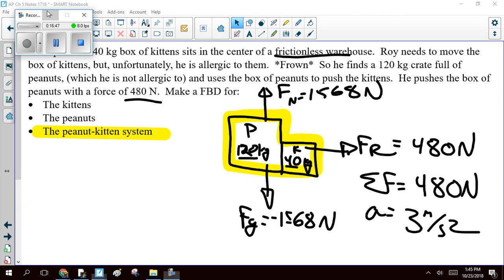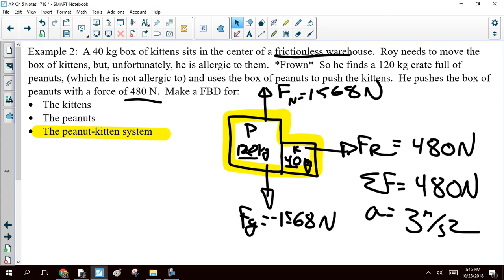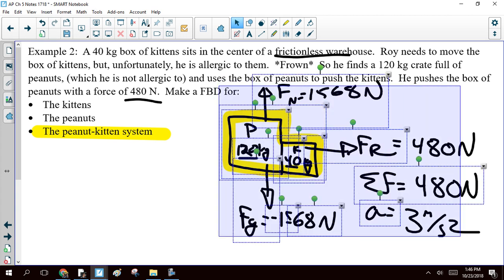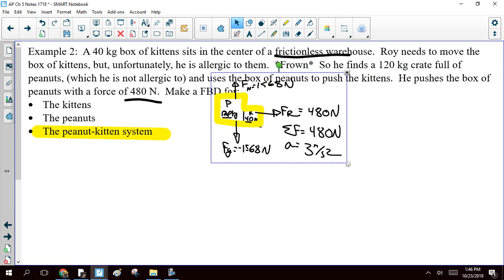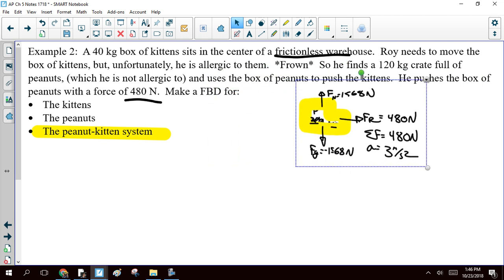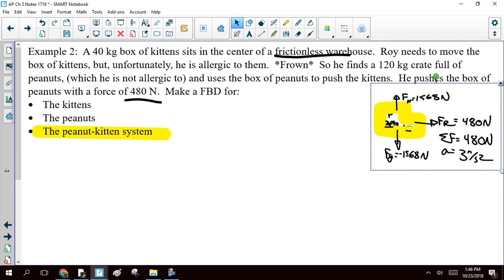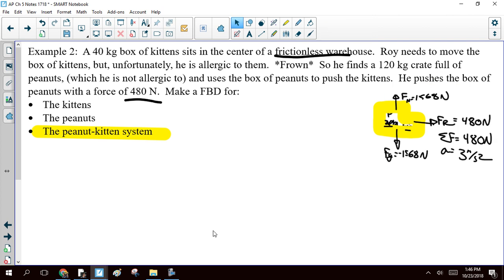Now let's do this. I don't like that it didn't shrink the highlighting for some reason. So now let's do the peanuts. Oh, shoot, this was peanuts, this was kittens.